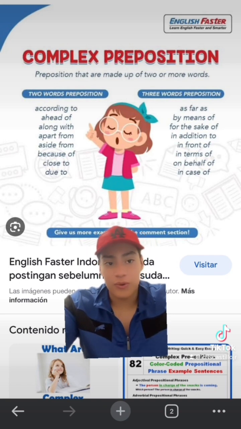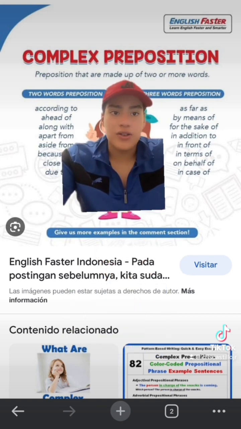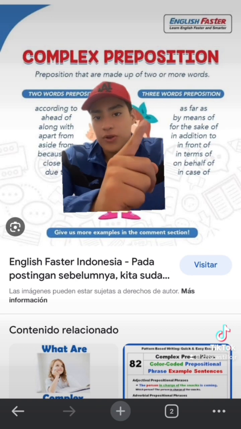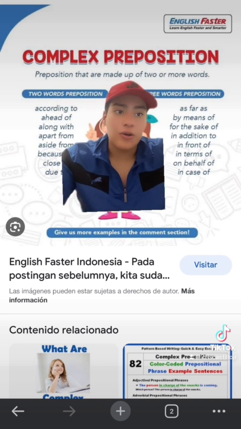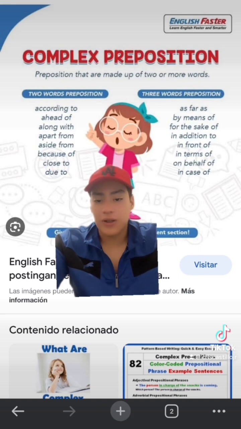This example will be: according to the weather forecast, it will be sunny tomorrow. We use according to at the beginning of the sentence, and then we can check in addition to, that is a preposition with 3 words. This complex preposition is used to introduce an additional element for items. An example will be: in addition to studying math, I also take piano lessons.